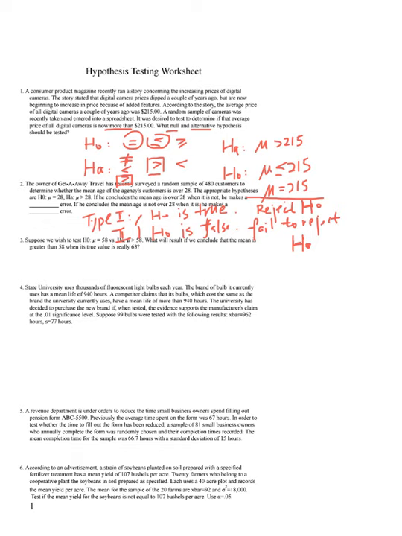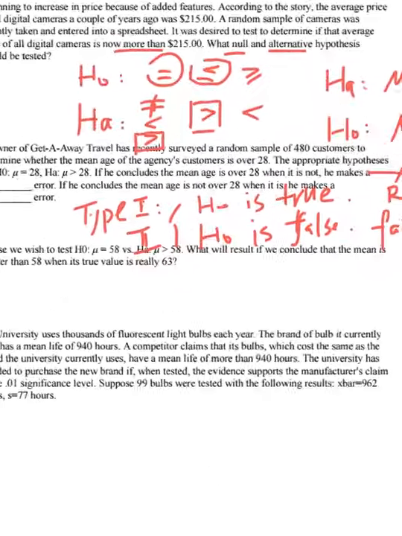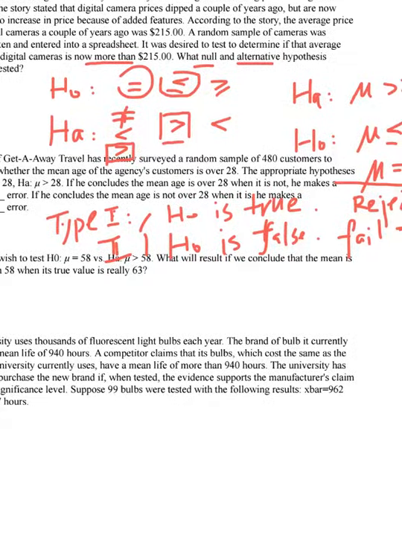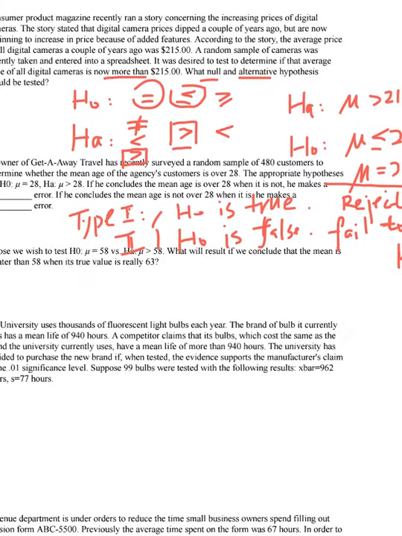And for the first blank, we want to figure out if he concludes the mean age is over 28, when it is not. He concludes over 28. So that means he concludes HA.